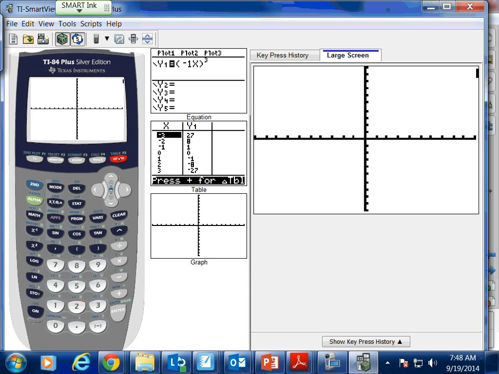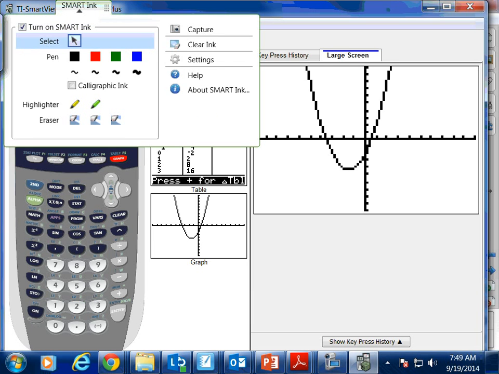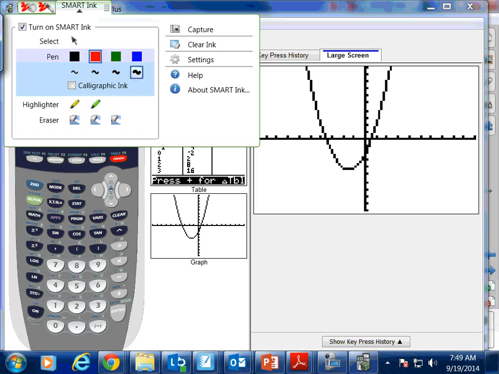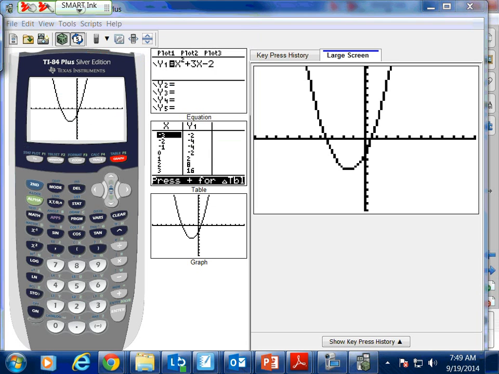If I hit graph, I'll be here. When I apply the vertical line test, it passes with flying colors just about everywhere. So when you're looking at this, you're looking at vertical good, vertical good, vertical good. I could go through everything and it'll be good. But the horizontal line test is where it fails.